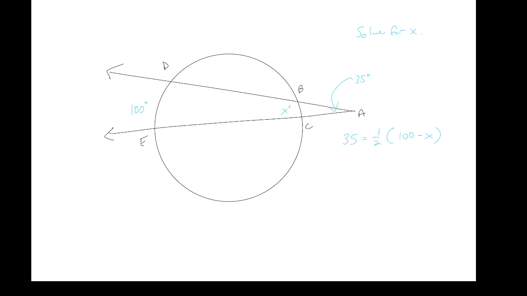Rather than distributing, because I don't want to distribute to that negative X, I can just multiply by 2. So I get 70 is equal to 100 minus X, subtract 100 from both sides. So I get negative 30 is equal to negative X. So therefore, I have 30 is equal to X. Pretty straightforward. Next.